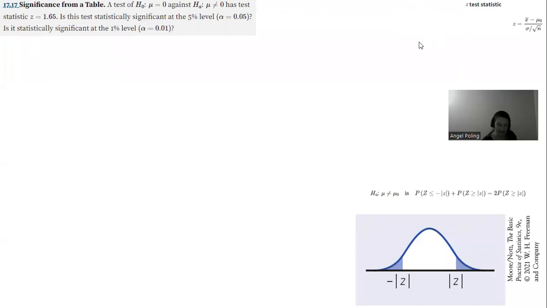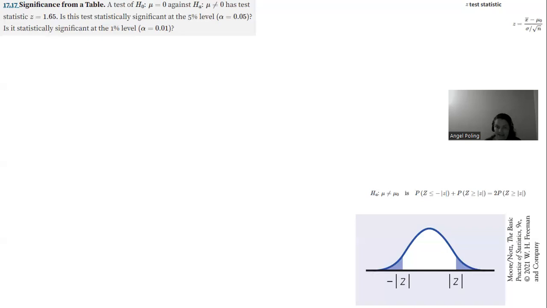Okay, in this one, we're going to look at similar but two-sided. So here we have number 17, a test of the null hypothesis, which is mu equals 0 against the alternative hypothesis, which is mu is not equal to 0. That test has a test statistic, same thing, 1.65.